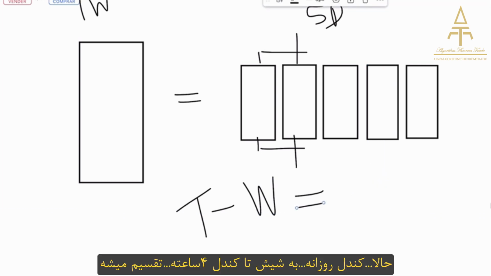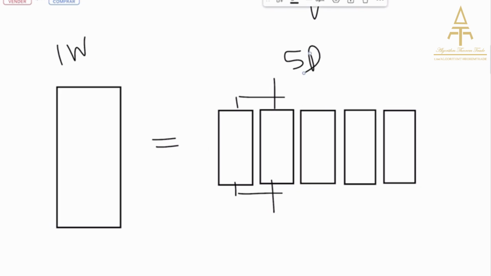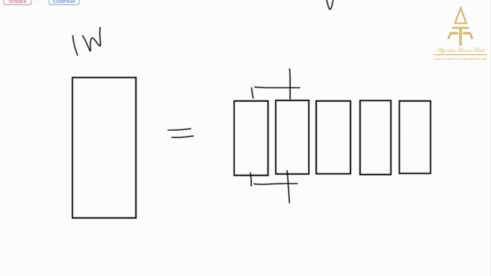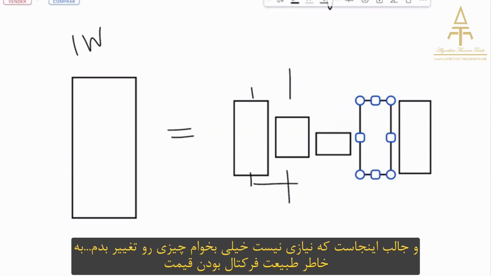Now the daily candle is divided into 6 4-hour candles, right? The beauty of this is I don't have to change much because of the fractal nature of price.